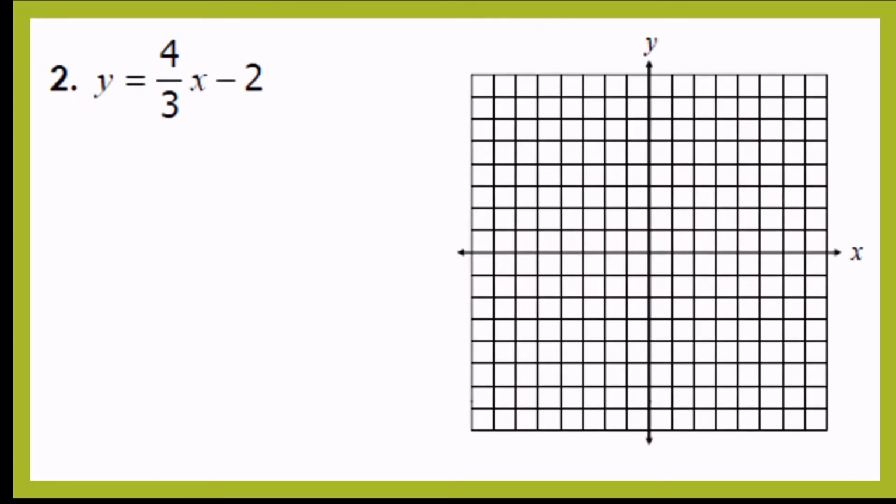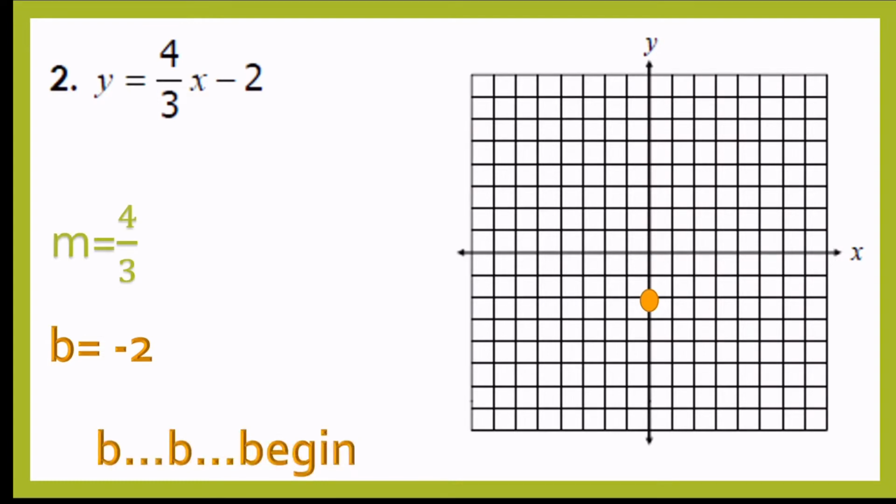So let's try that again. Here, my y-intercept this time is -2. So I'm going to put a point on y where it's -2. My slope, we're going to go from where I begin. So that point right there is where I look at this slope.